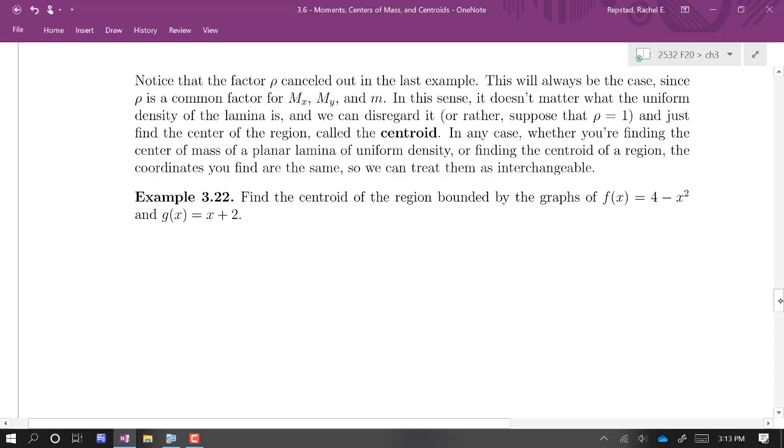So in a problem where they say just find the center of mass or find the centroid, you could usually just assume that rho is equal to 1 and leave it out of your formulas. Be careful with what they're asking you to find, though, because if they say find the moment about the x-axis or find the moment about the y-axis, then you really do need to include rho in those.